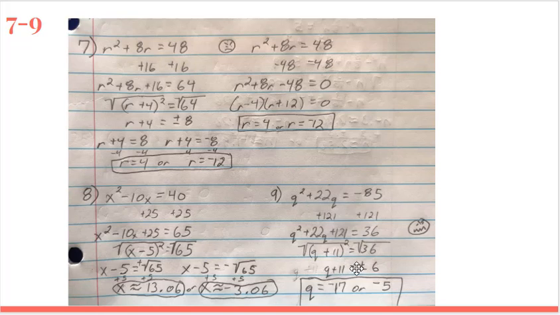Take the square root of both sides, plus or minus 6, subtract 11 from positive 6, subtract 11 from negative 6, and we end up with q equaling negative 17, or negative 5. So q plus 11 equaling positive 6, subtract 11 would give us negative 5. Okay, skipped a few steps in here just for the sake of brevity.